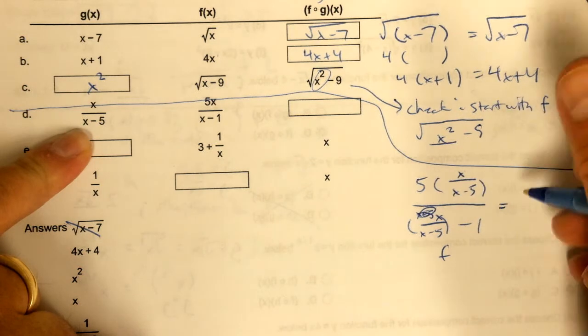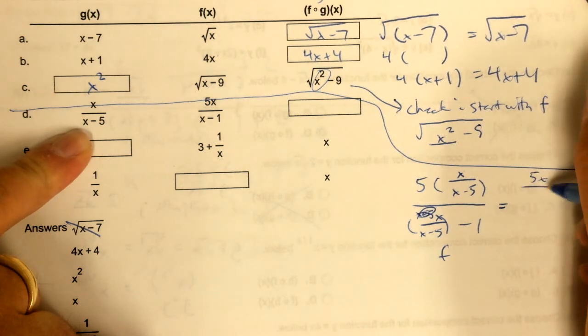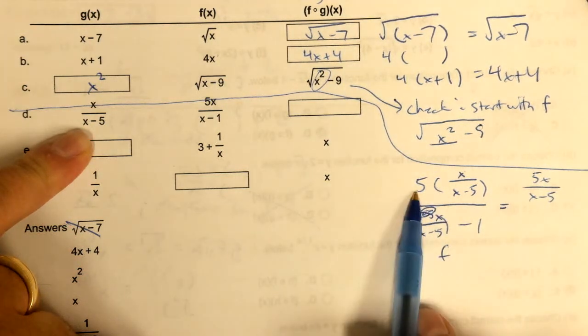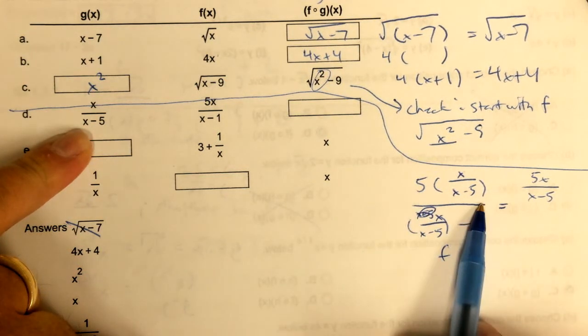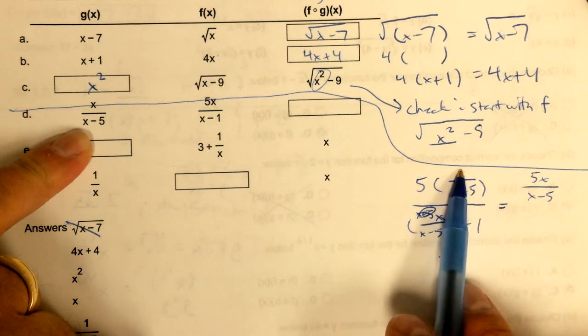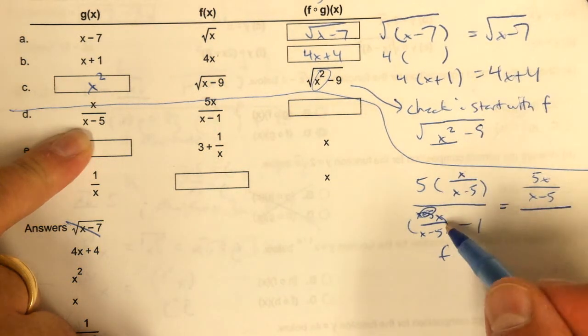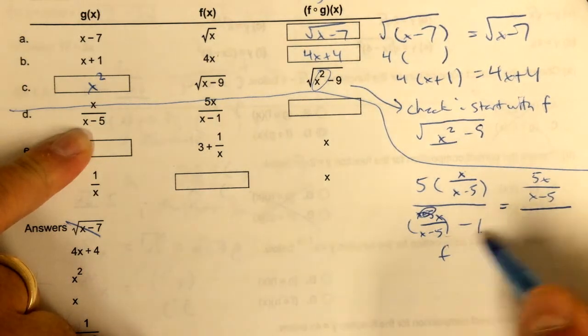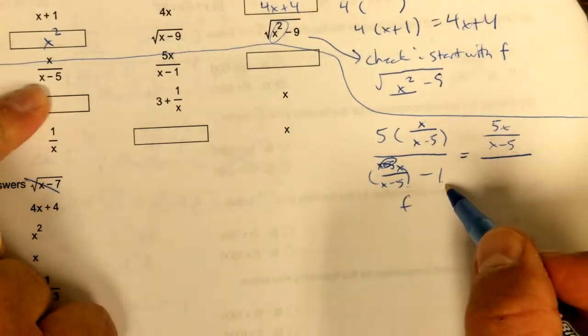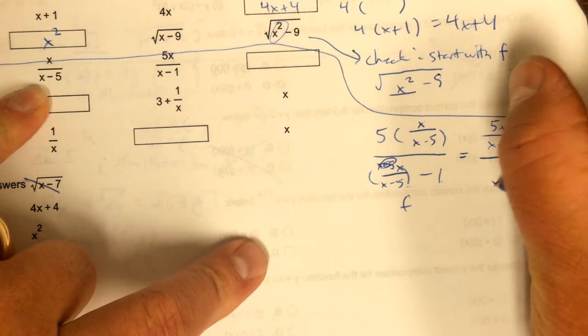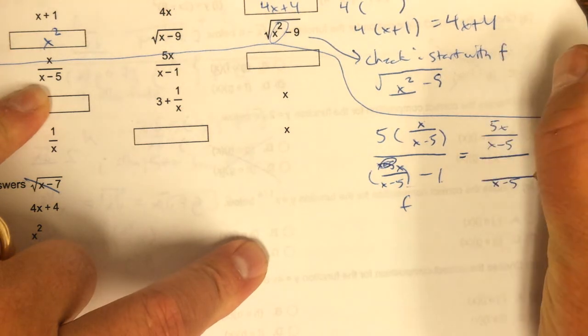You go 5x on top, keep it x minus 5, because you don't distribute to both the top and the bottom. You just keep it to the top. And then on this one, I have to make a common denominator. And so the common denominator would be x minus 5.